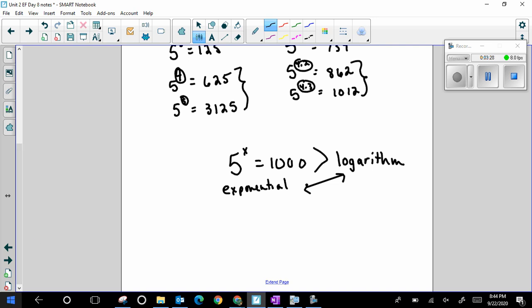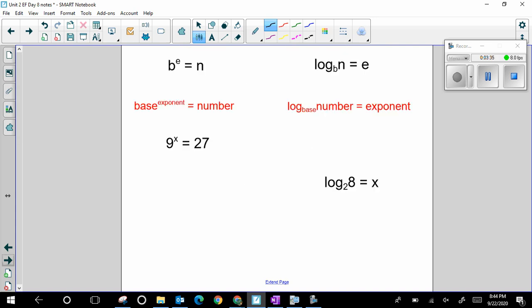So we can go back and forth from exponentials and logarithms and solve each one of them simultaneously using the other function.